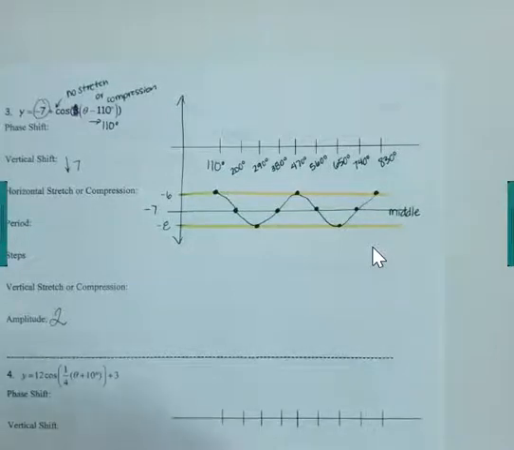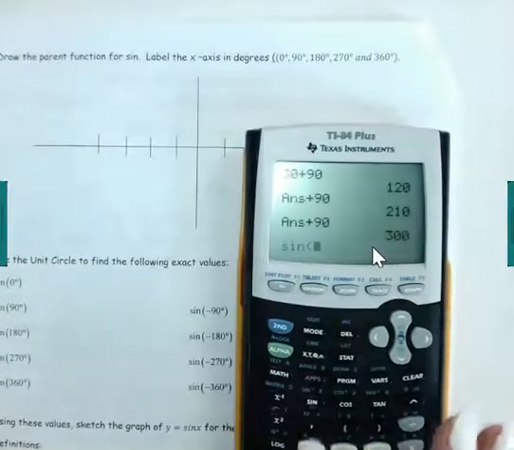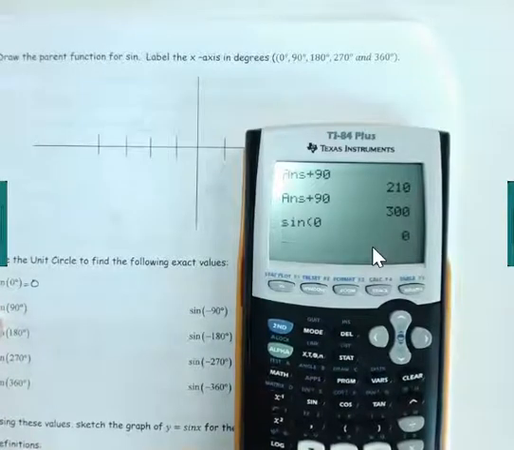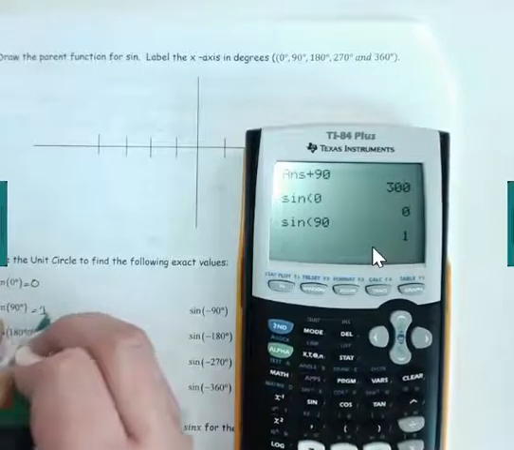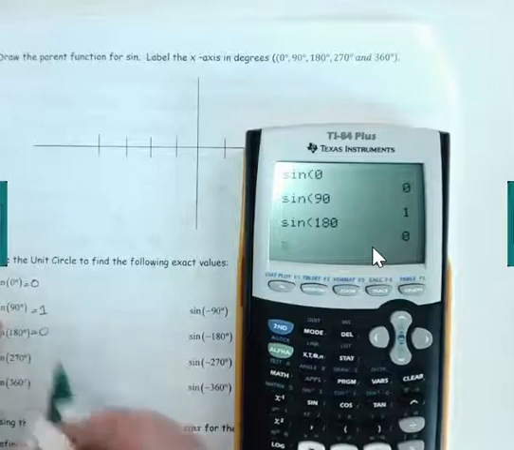Okay, good. Now we're going to do the exact same thing for the sine graph, okay? So come back to your notes and go to the page that we skipped, which is this page right here. You're going to notice very similar things about your sine graph. So in the calculator, we're going to type in sine of 0 is 0. Then we're going to find the sine of 90, which is 1. Sine of 180 is 0.